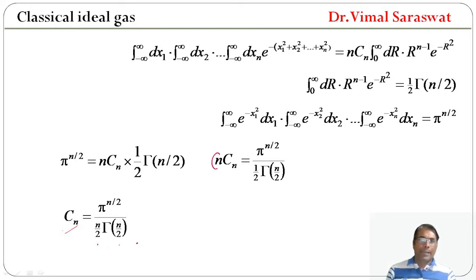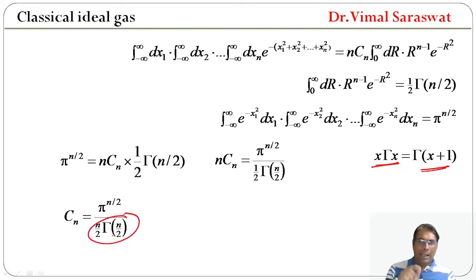So we transfer this n from here to here, and we get Cn, which is this one. Since x gamma x is equal to gamma x plus 1, so this will be equal to gamma n by 2 plus 1. Therefore Cn is equal to pi raised to n by 2 divided by gamma n by 2 plus 1.